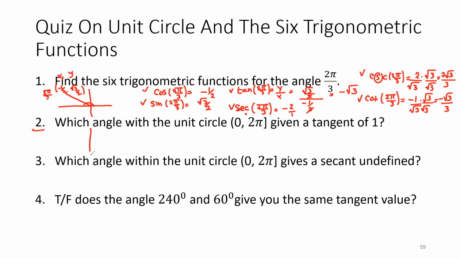If you look at your unit circle, pi over 4 is 45 degrees, which is radical 2 over 2, radical 2 over 2. Tangent is y over x, so let's check it. That is radical 2 over 2 over radical 2 over 2, which is 1, +1.